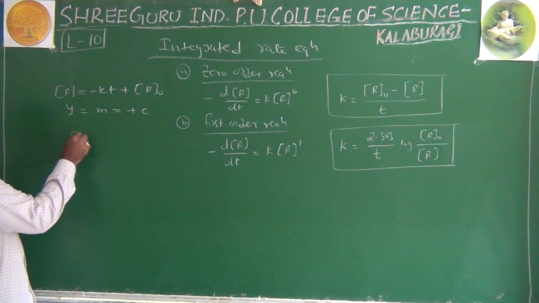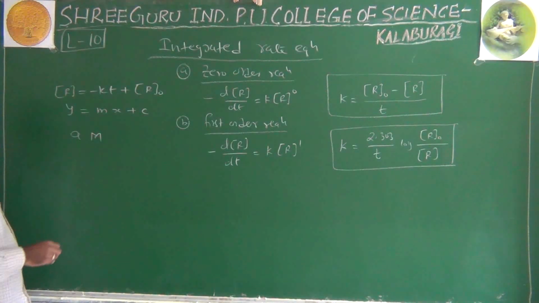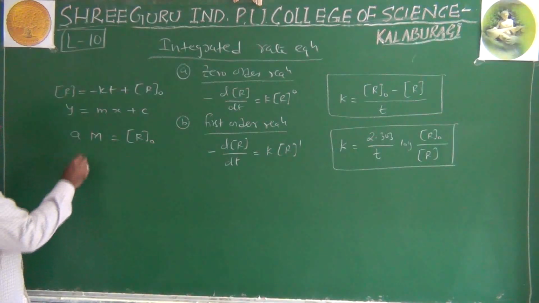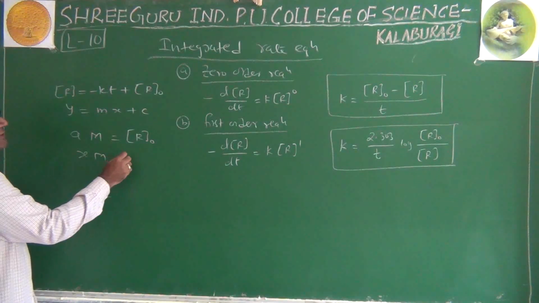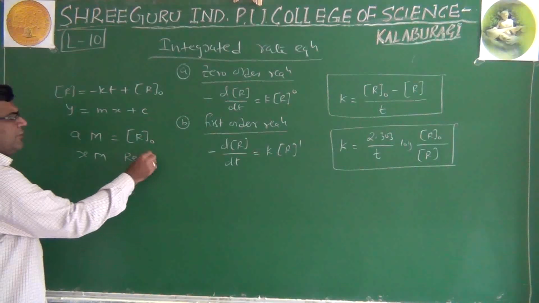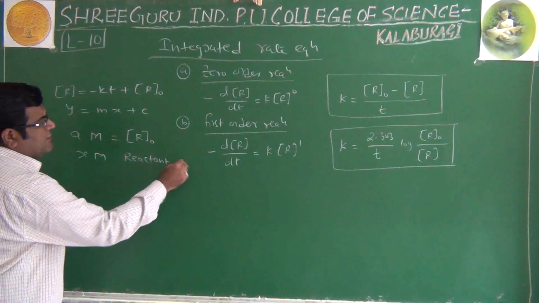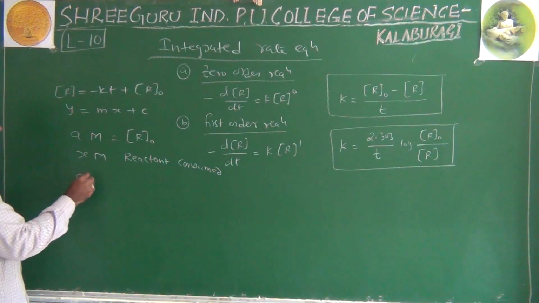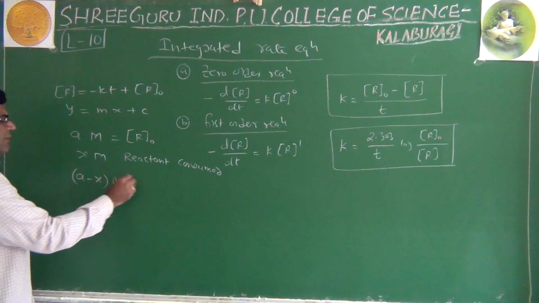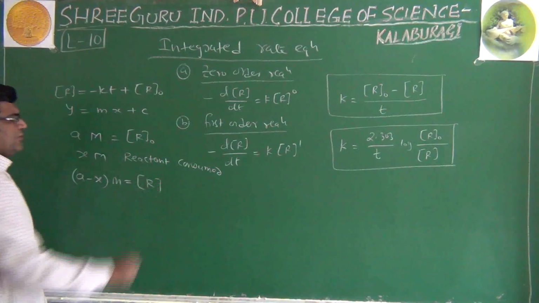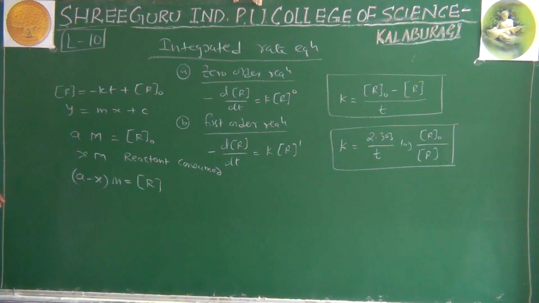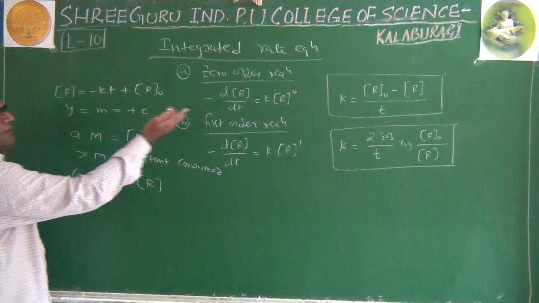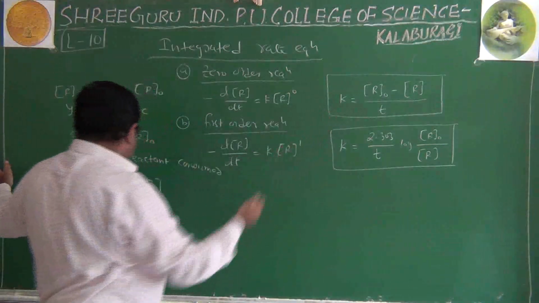Then we said that if A mole per liter is the initial molar concentration of the reactant, and X mole per liter is the molar concentration of reactant consumed, then A minus X mole per liter is the molar concentration of reactant left after time T. So we can rearrange this equation, or substitute here also.